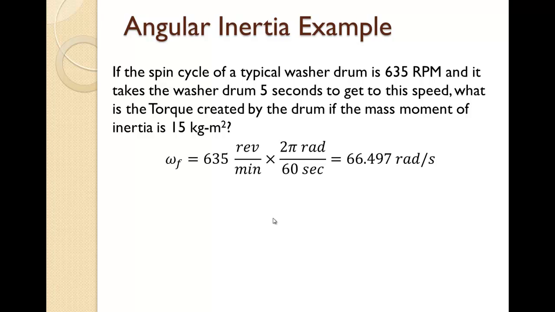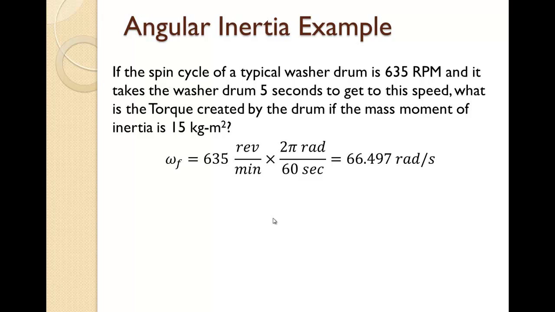First we calculate the final angular velocity, which is 635 revolutions per minute, and we need to convert that into radians per second. All we do is multiply it by 2 pi radians over 60 seconds to give us 66.497 radians per second.